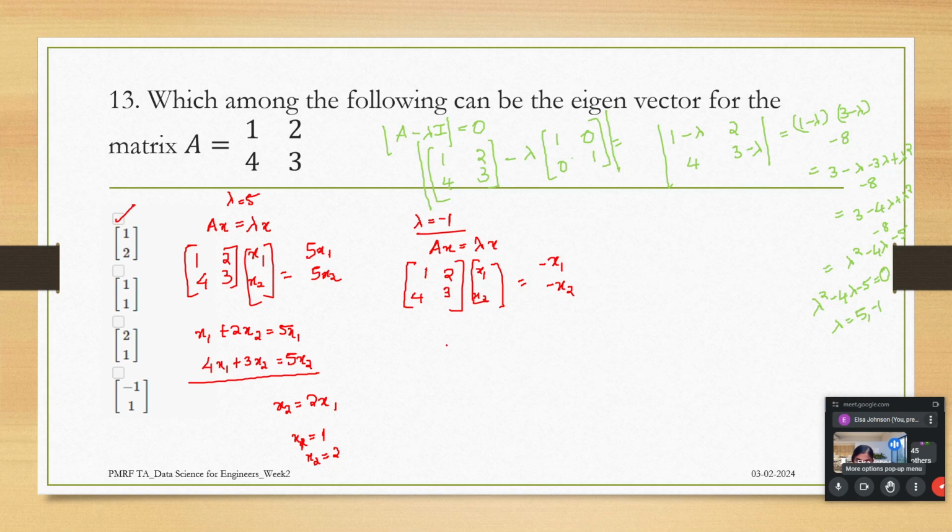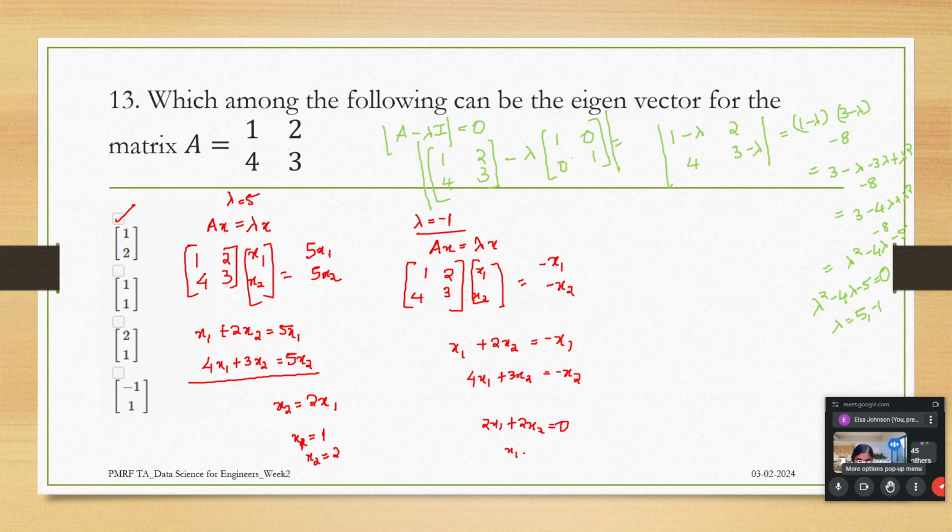Solving for this one also, you have to solve these equations: x1 plus 2x2 equal to minus x1, and 4x1 plus 3x2 equal to minus x2. Solving this, if you just check here itself, 2x1 plus 2x2 equal to 0 will be coming, right?